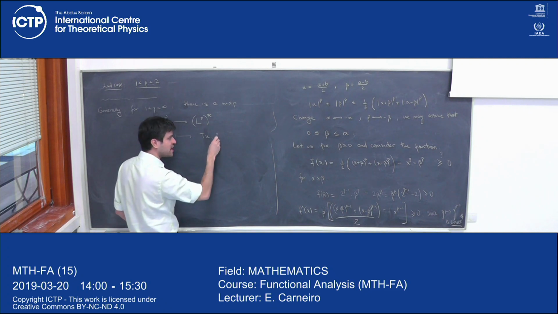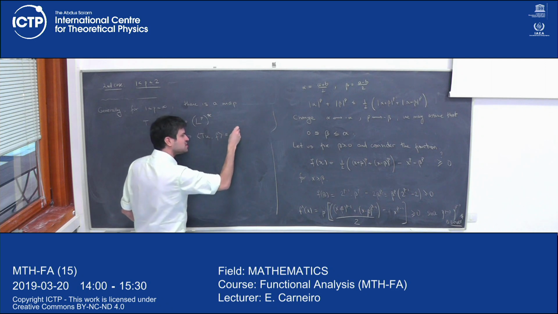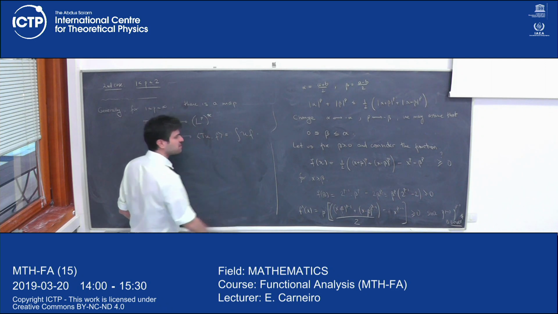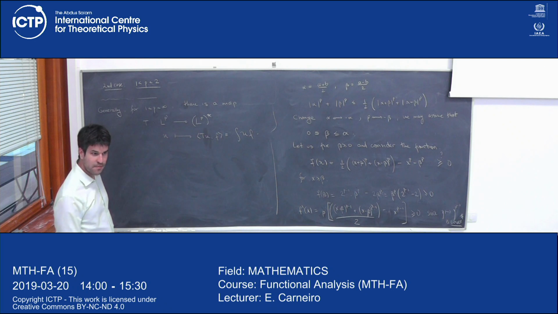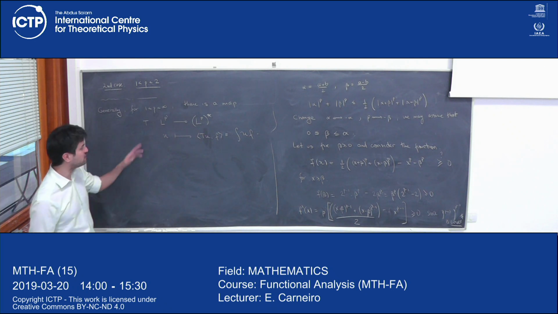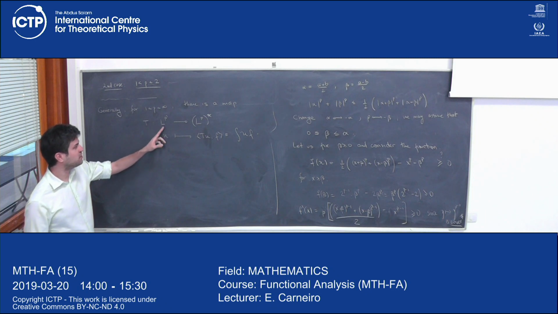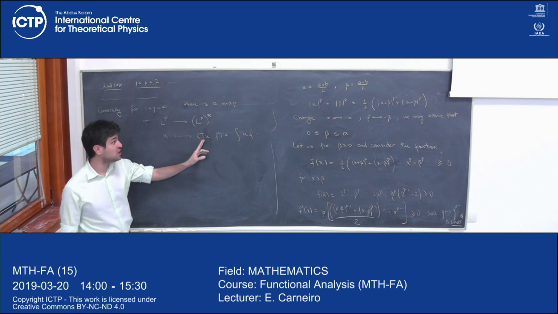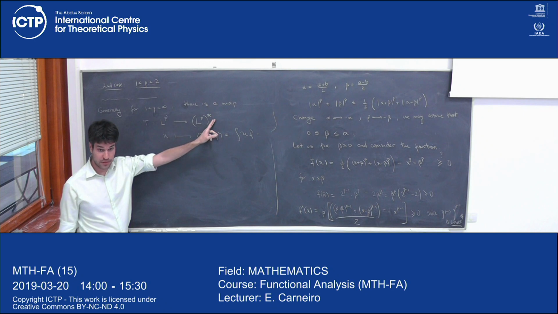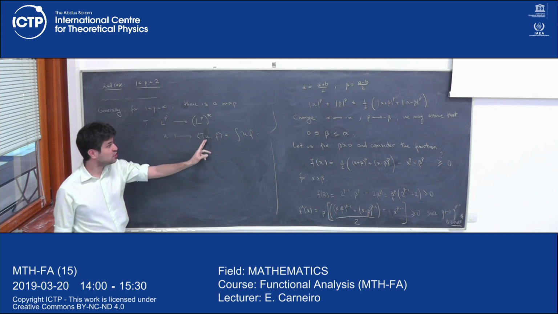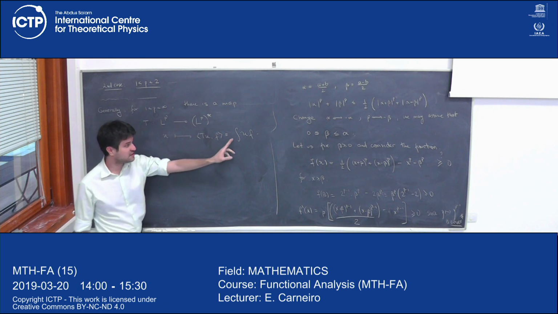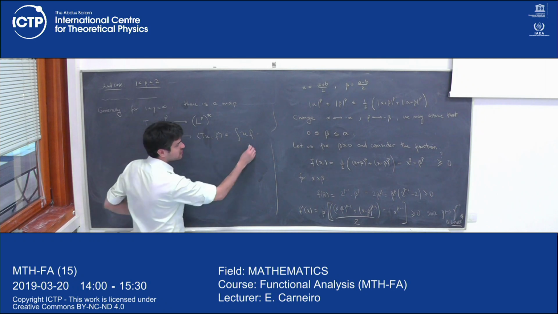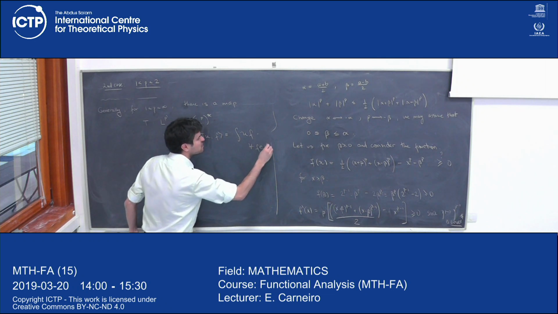T of u acting on f will be just the integral of u times f. Okay? So we just constructed this map that assigns a function u in LP prime to a functional Tu in the dual of LP. Tu acting on a function f is just integral of u against f for any f in LP.